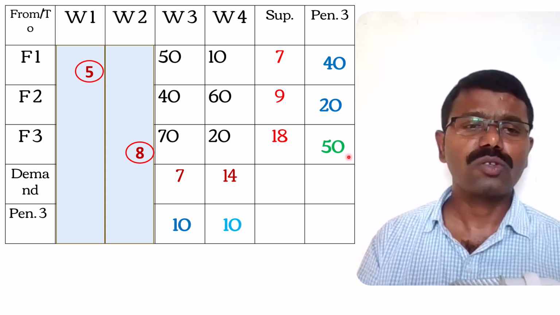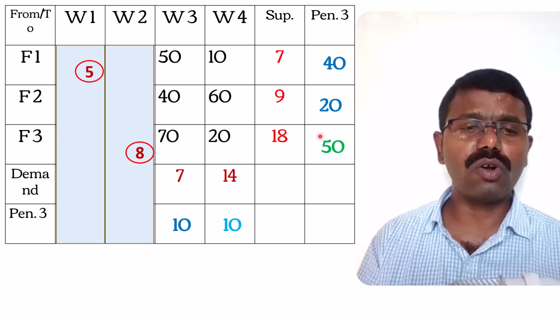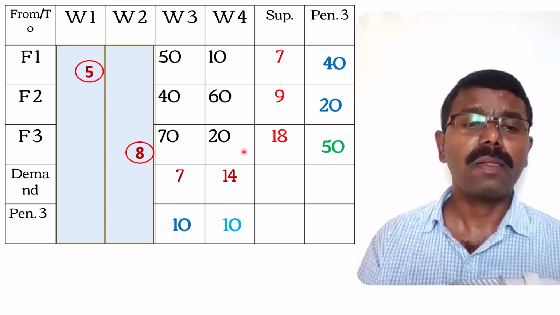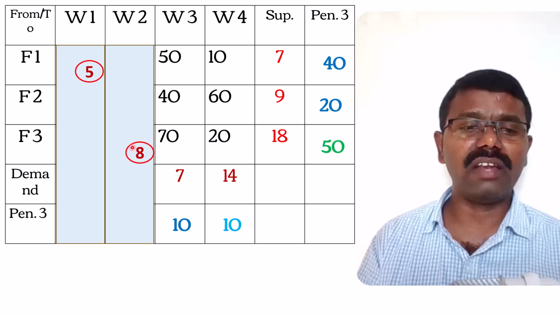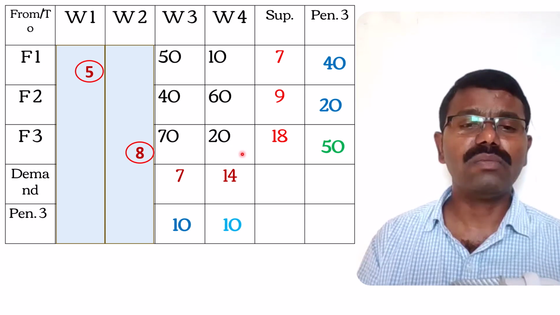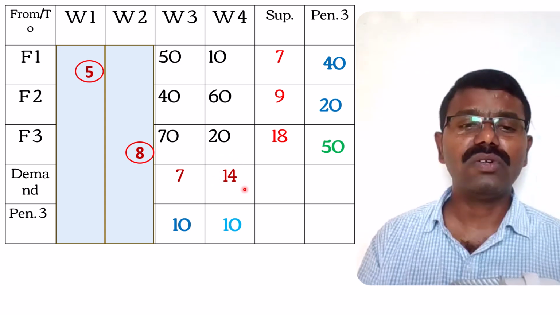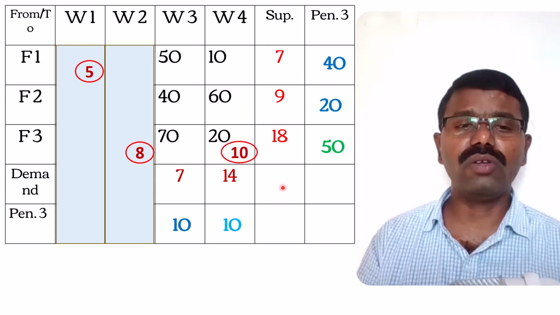so that we need to assign first. In this row which cell is having the least cost? This cell is having the least cost, so assign as many units as possible to this cell. But here 8 is already assigned, so now the maximum we can assign from here is only 10. Here the demand is 14, but the available supply is only 10, so the maximum we can assign to this cell is only 10, so assign 10 units to this cell.